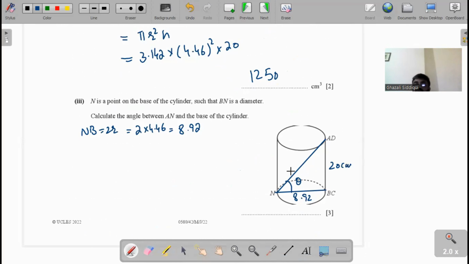Now we find the angle theta. The tan theta will be equal to 20 over 8.92 because it is opposite over adjacent side. Now we can calculate it, tan inverse 20 over 8.92.